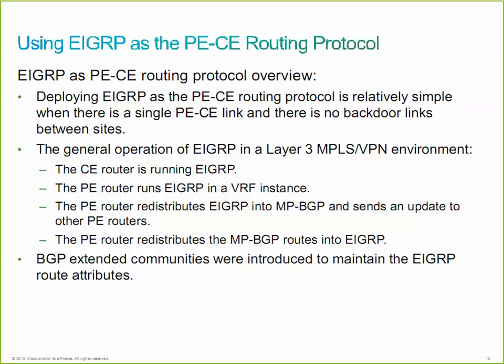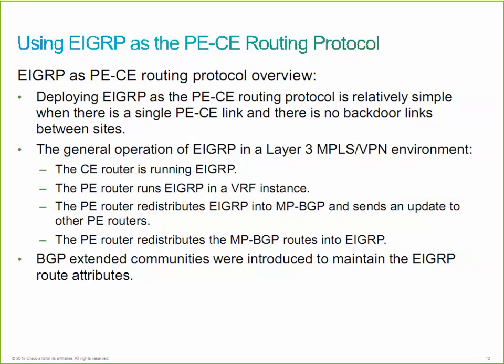All right. To alleviate this particular problem, and we'll get into the discussion of a backdoor link and this backdoor problem as we move through the chapter here, there are extended BGP communities that are used in BGP to enable the remote PE routers to reconstruct those EIGRP routes with all of their characteristics.